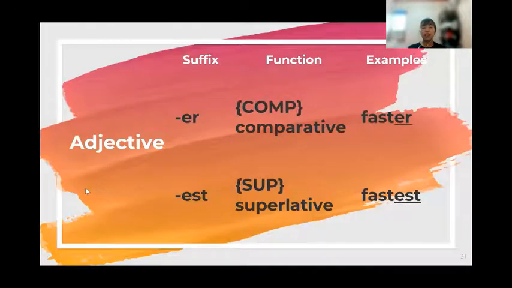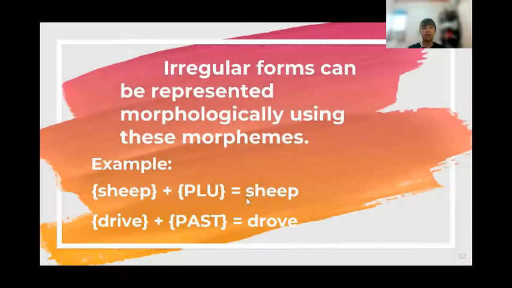Same with your adjective. If you add ER or EST to an adjective, they are still going to be an adjective. So you have to be careful as well in identifying whether the base form you are attaching to is an adjective, verb, or noun. So irregular forms can be represented morphologically using this morpheme.